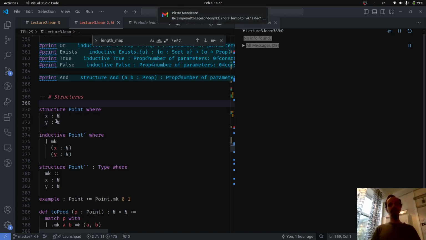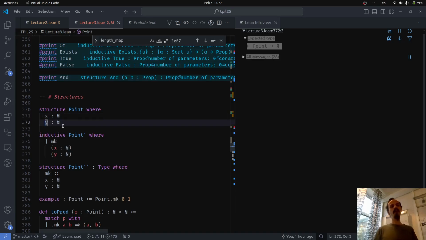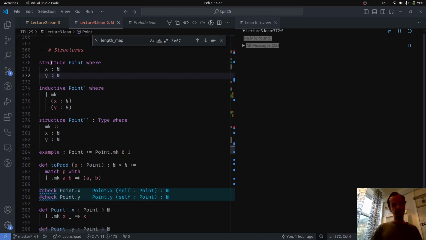So here's how you declare a structure. Structures are basically kind of product types. Here I'm making a two-dimensional point. I give it an x and a y that are numbers, and then we get a point that is a two-dimensional number. So we say structure, point, where, and then we give it fields, and we don't put bars here, which is just the types of the fields.